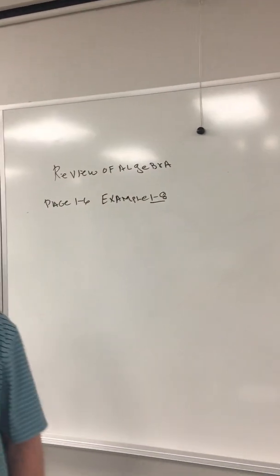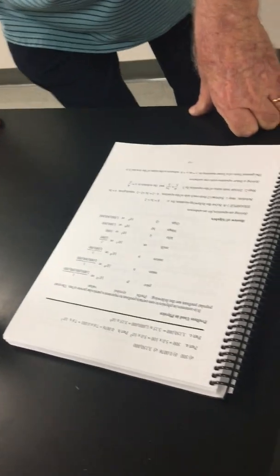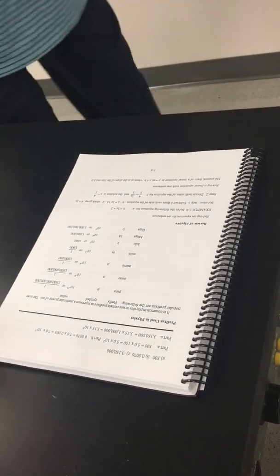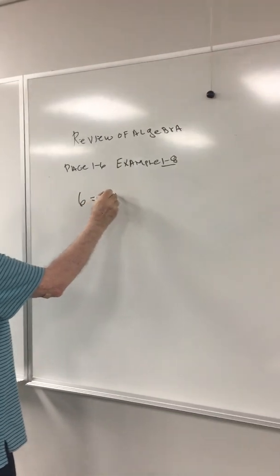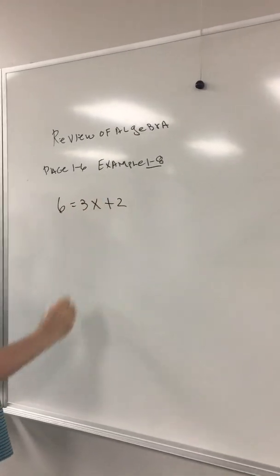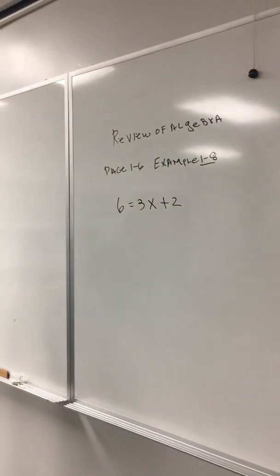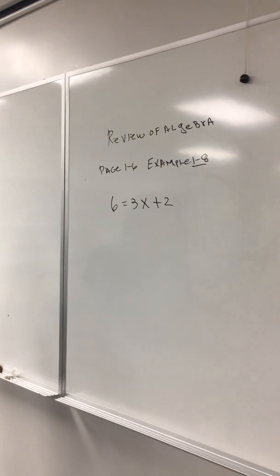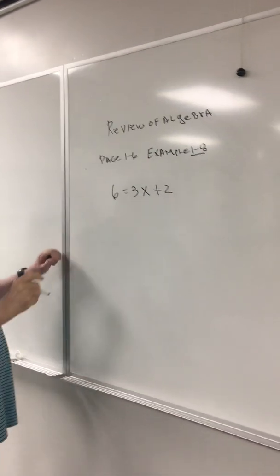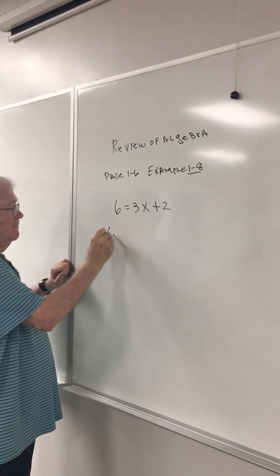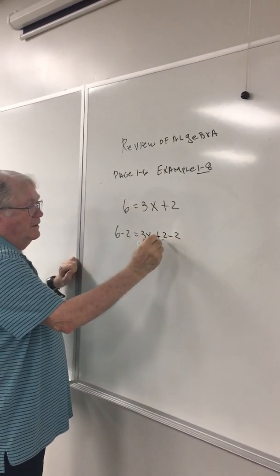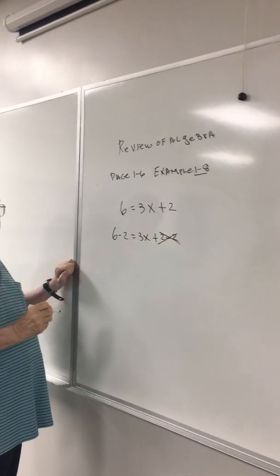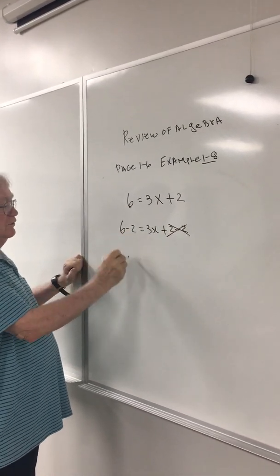This problem says 6 is equal to 3x plus 2. And we want to solve for x. So going back to your Math 1033 class, what you do is you subtract 2 from each side. 2 minus 2 is 0. 6 minus 2 is 4.